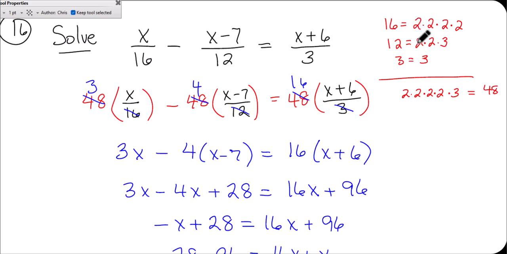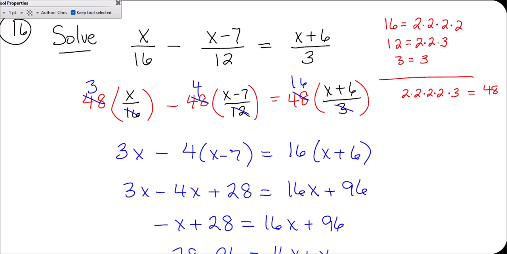The most number of 2's is 4. Another prime factor we have is 3. The most we have is 1. So 2 times 2 times 2 times 2 is 16. 16 times 3 is 48. And that's the number I'm going to multiply by each of the parts.